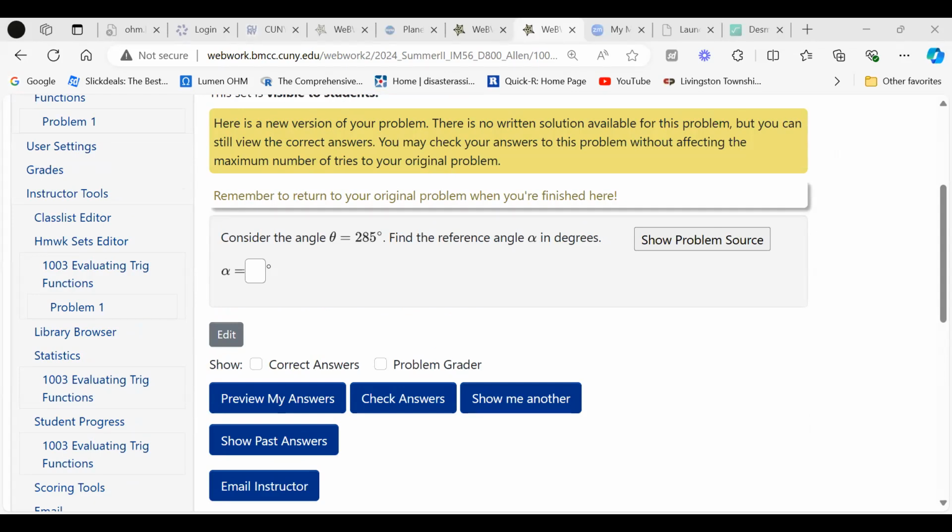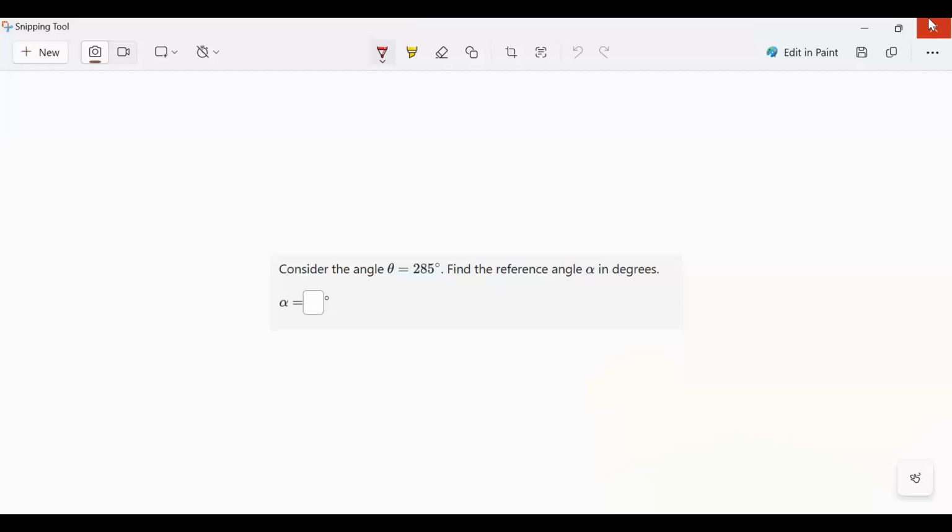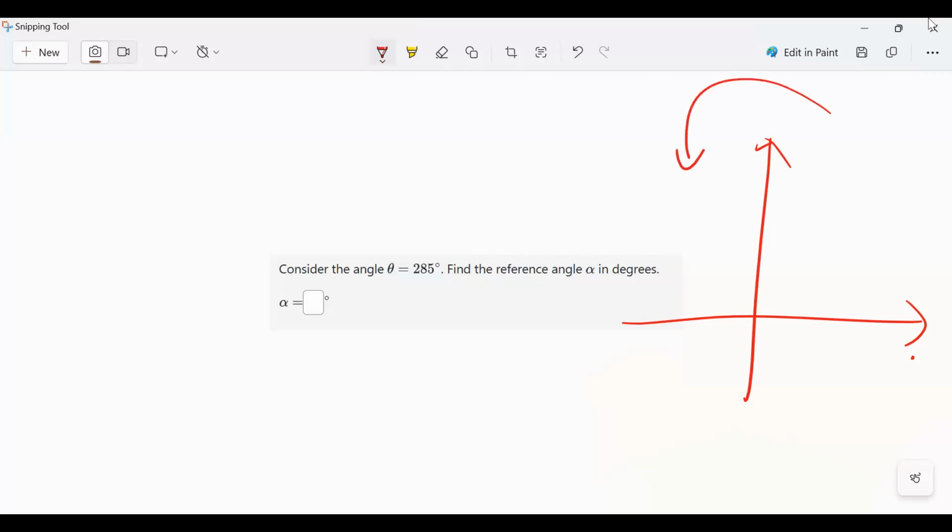Okay, let's get started. So 285 degrees. Going counterclockwise, right? Counterclockwise this way. This first quadrant gives 90 degrees. This is 90, 180, 270.